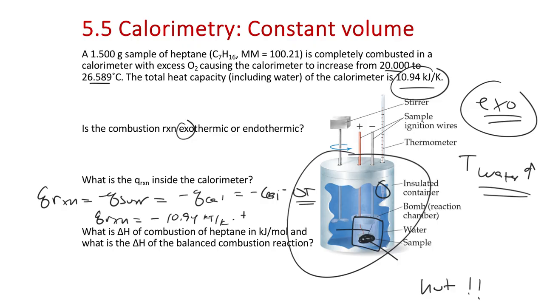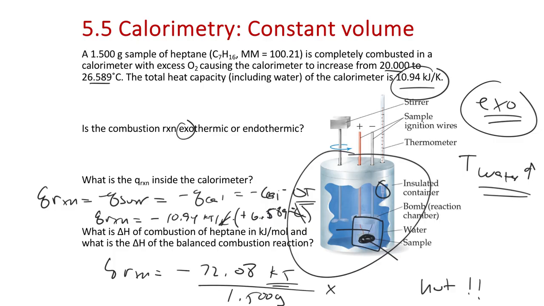So the temperature change is plus 6.589 degrees C. So our degree C and Kelvin cancel, and then we get our q reaction: 10.94 times 6.589. So I get negative 72.08 kJ, because it's already in kJ, and that's just the heat per 1.5 gram sample.